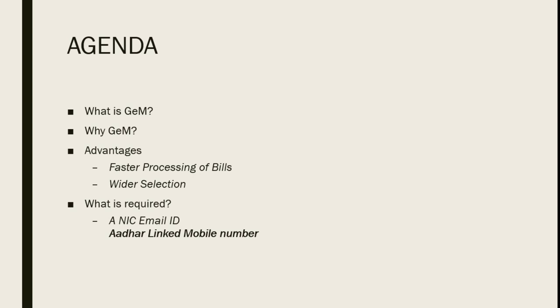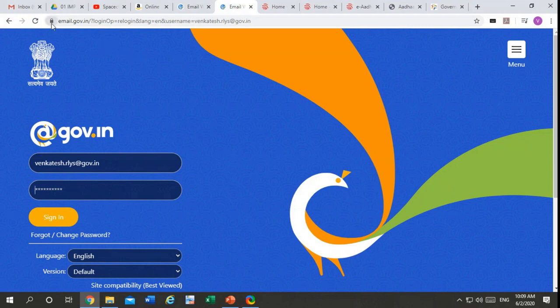With this basic background, I will now move on to explaining what an NIC mail ID is and how you can get it. Here you can look at my screen and you can see that it is written email.gov.in. So this is basically an email server which is being run by the National Informatics Cell. And here you can see that these email IDs end in @gov.in.